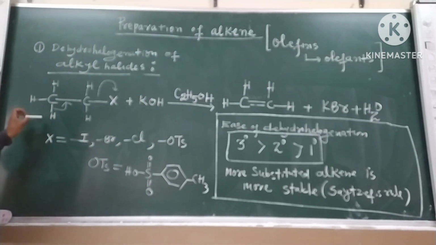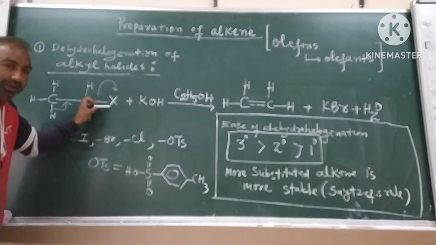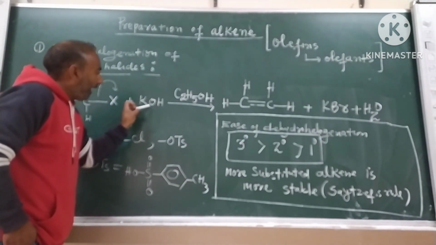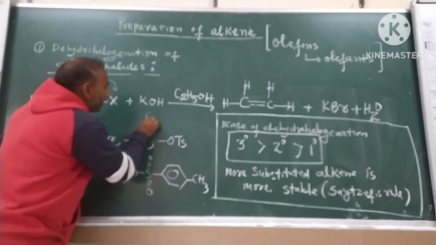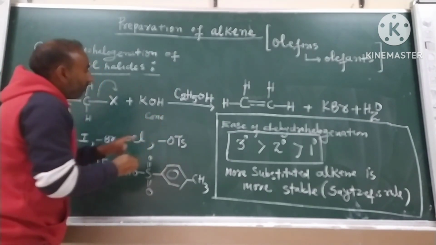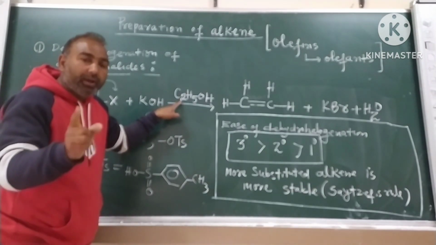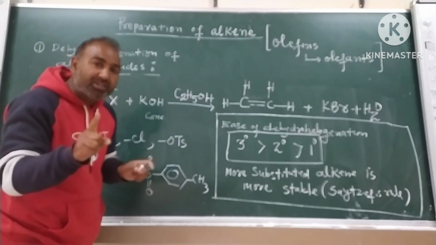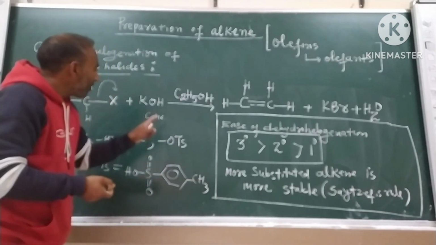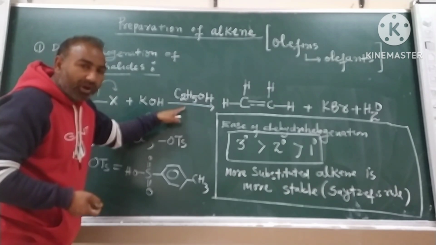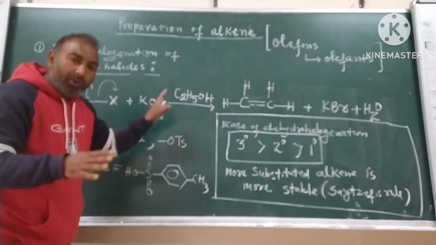This is the reaction: CH3CH2X plus KOH, concentrated. What is the solvent? Ethanol. Remember, we do not use aqueous solvent in this case. Its mechanism we have discussed. KOH in ethanol solvent or methanol.